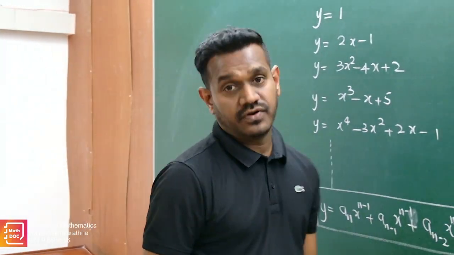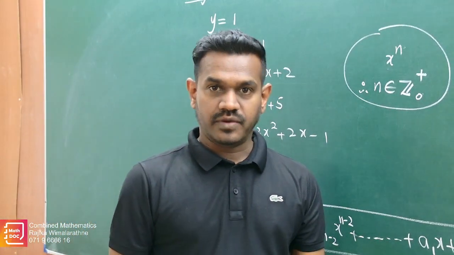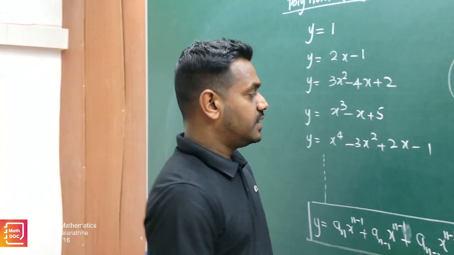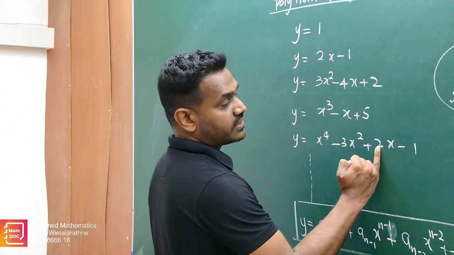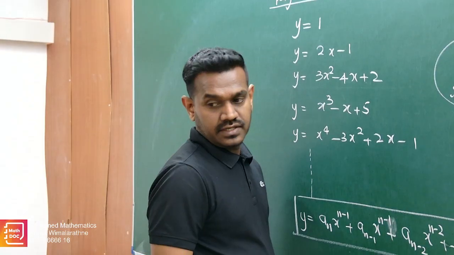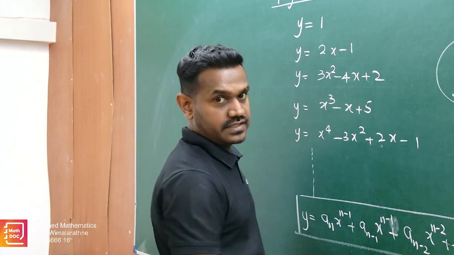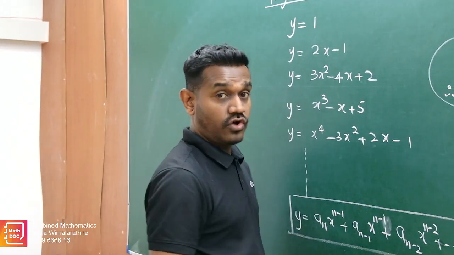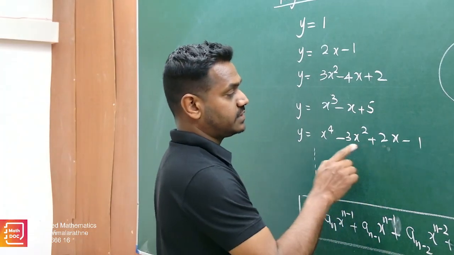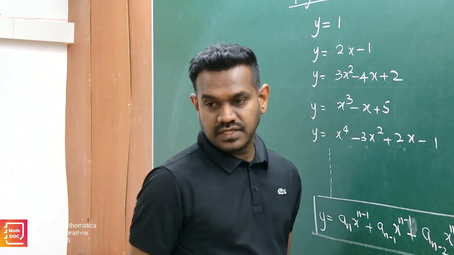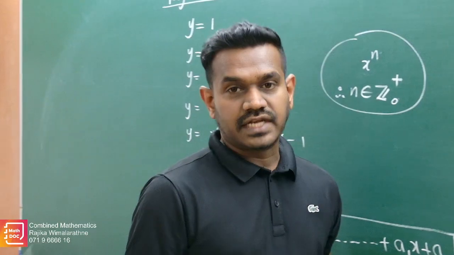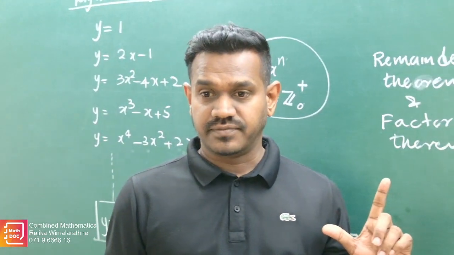The numerical value in front of each term we call the coefficient. They are coefficients. That is what we call a polynomial function.